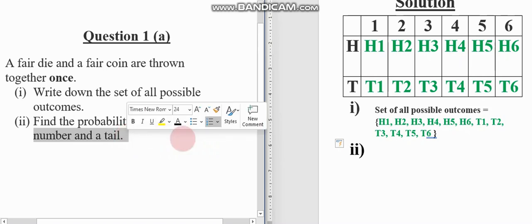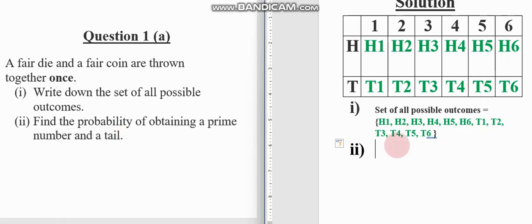So we are going to find the number of events.